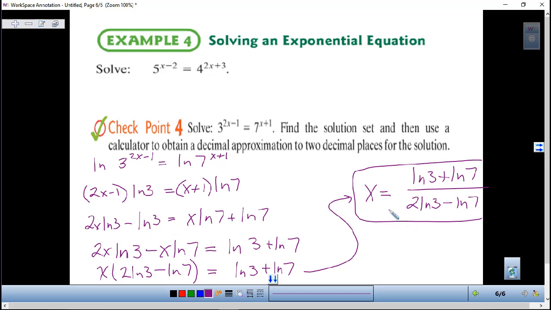So I guess I could find that out for you, couldn't I? So the natural log of 3 plus the natural log of 7. All right, that gives me 3.0445, and I'm going to divide that by 2 natural log of 3 minus natural log of 7.